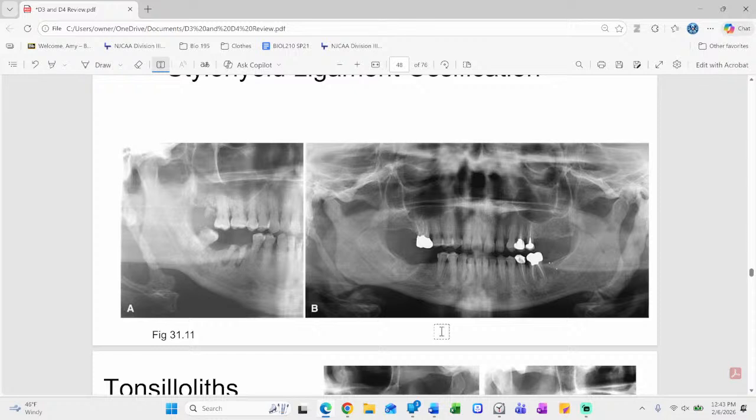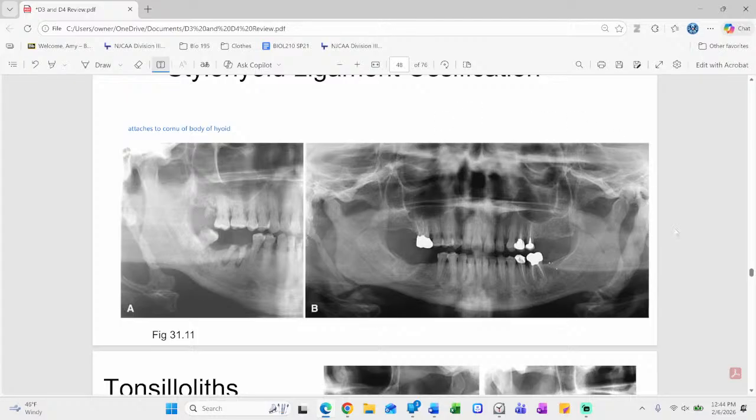This one came from your text, figure 31-11, and that was yesterday. Same thing. This is all stylohyoid attaching then to the cornu on the body of the hyoid, and that's how big it was yesterday. Oh my, huge, huge, huge. You know where they attach. You're finding that line.